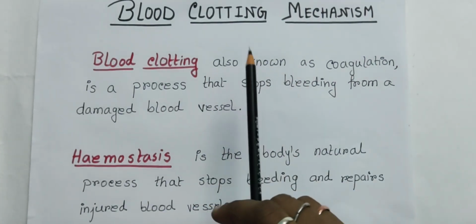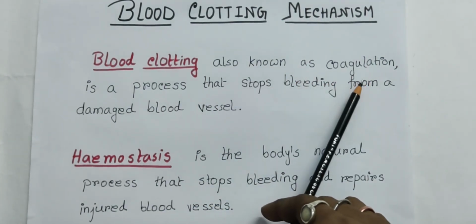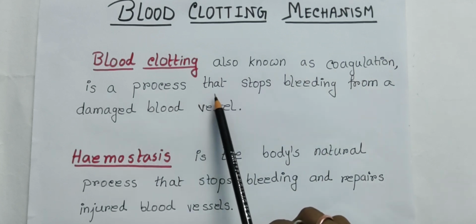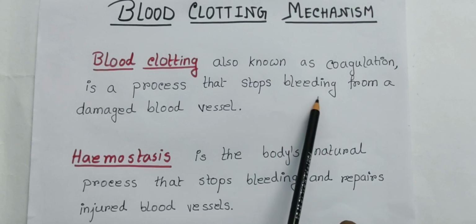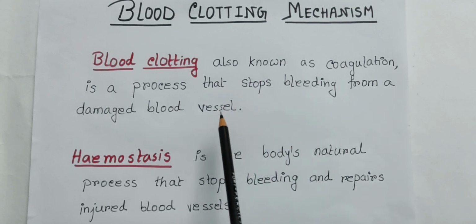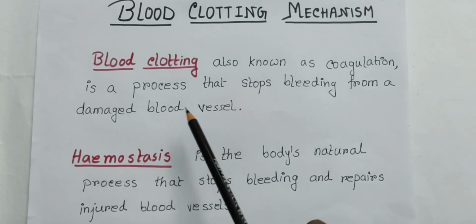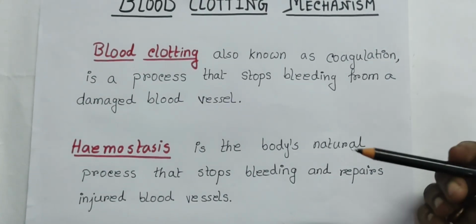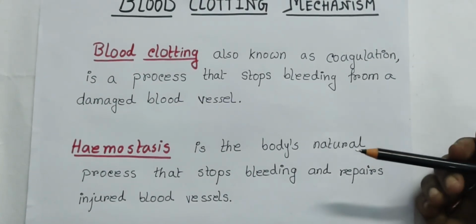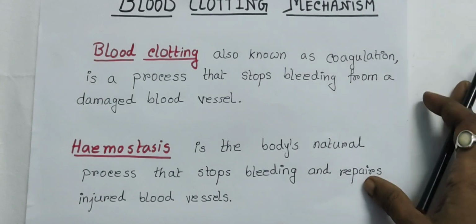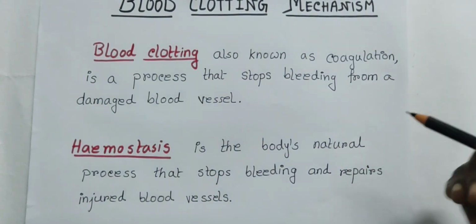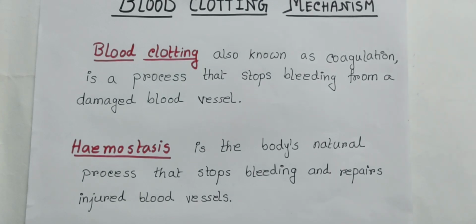Blood clotting is also called coagulation, and is a process that stops bleeding from a damaged blood vessel. And hemostasis is the body's natural process that stops the bleeding and repairs the injured blood vessels.